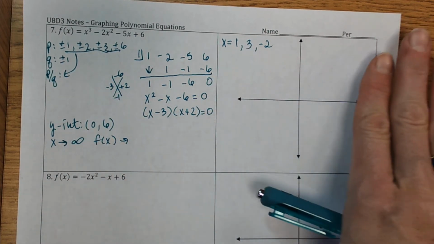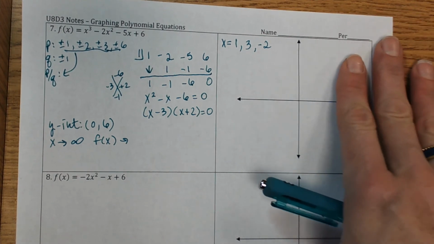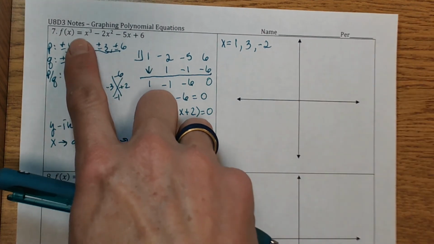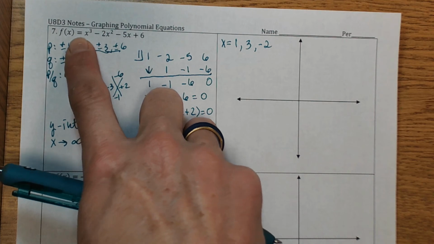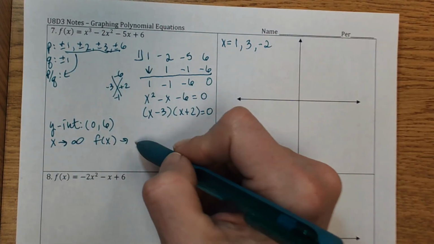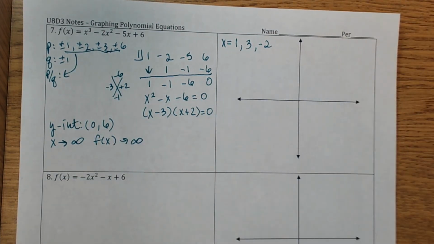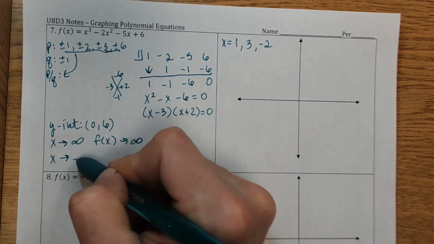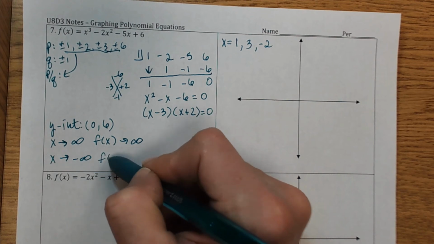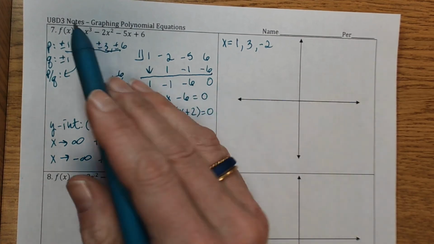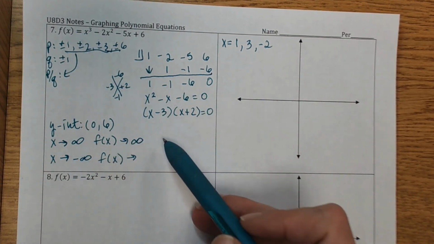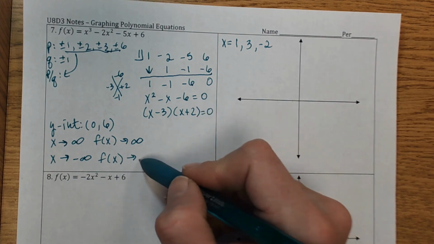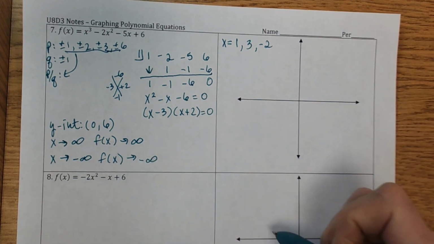If we're thinking about the wave, a is positive, so I would be starting above, so f of x is going to positive infinity. And as x goes to negative infinity, what does f of x do? It's odd, so it should be going in the opposite direction, so we should be going to negative infinity.